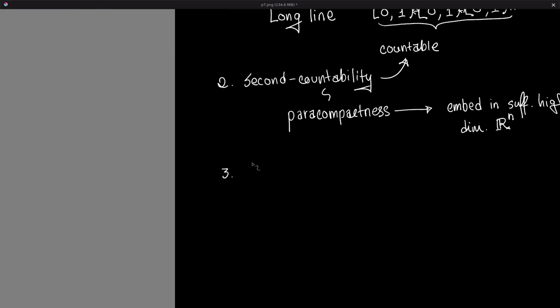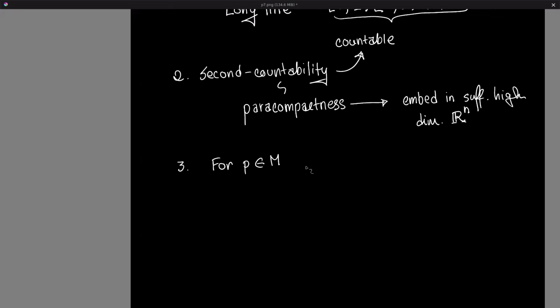For P in M, so for any point P in M, there will exist an open set UP such that UP is homeomorphic to Rn.